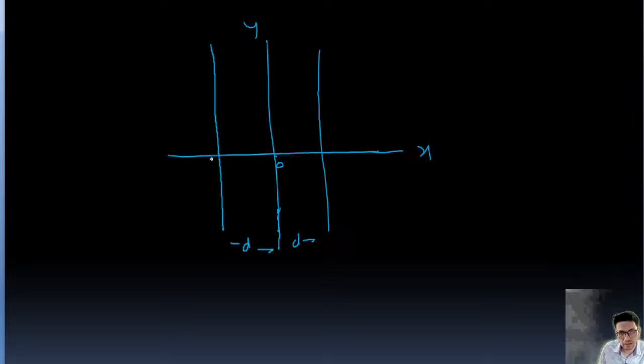So minus d comma 0 and d comma 0. Okay, so these are wires, guys, these are infinite wires.